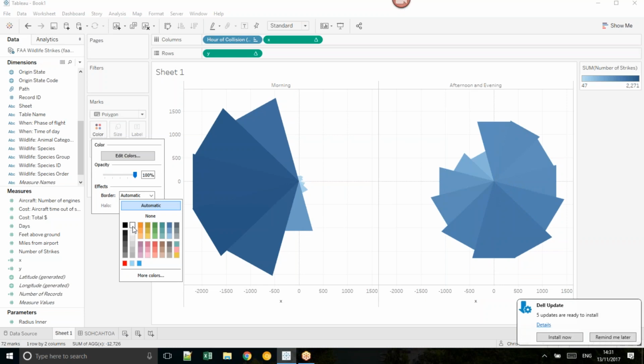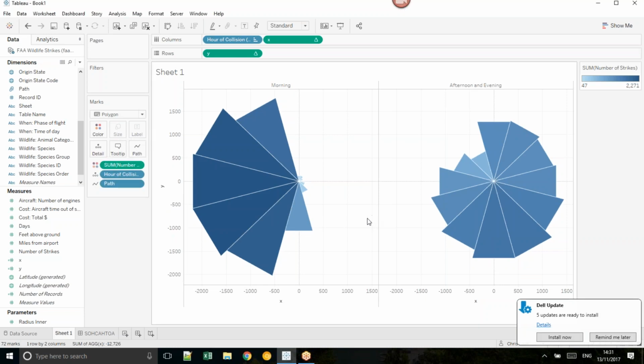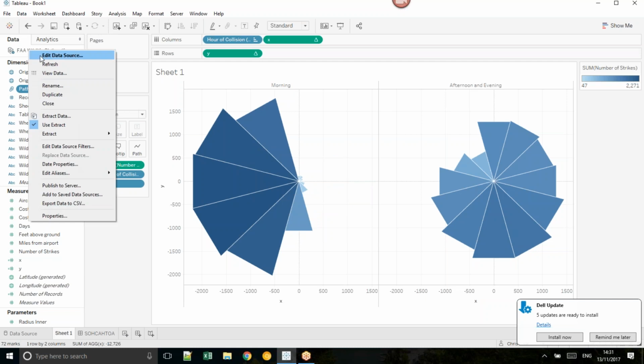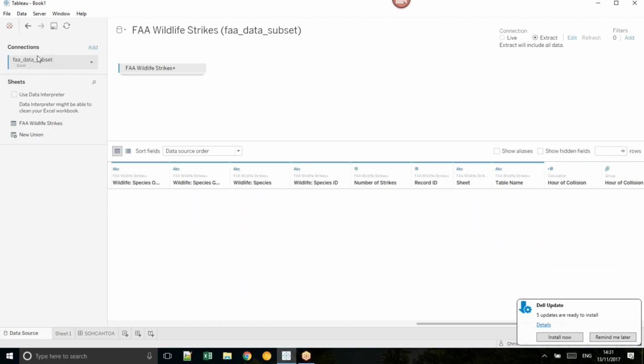I'm going to change the border here to white, just so they stand out a bit more. Well, this is looking good. But sometimes in my Coxcomb, I like a circle in the middle. We can do that. It's going to be a bit more tricky. So what I'm going to do is just add another variable to my path to get a 4th point.